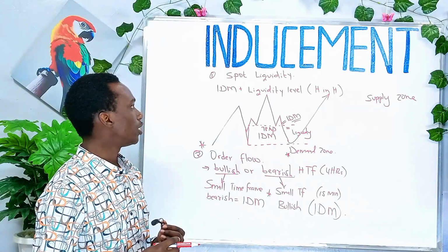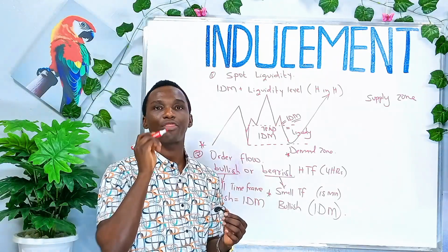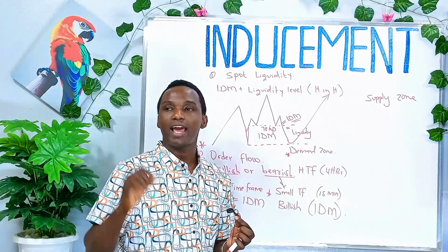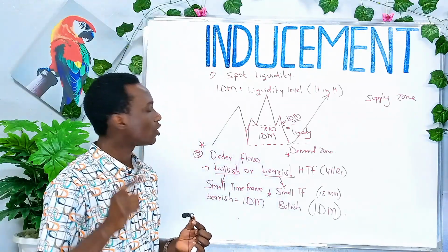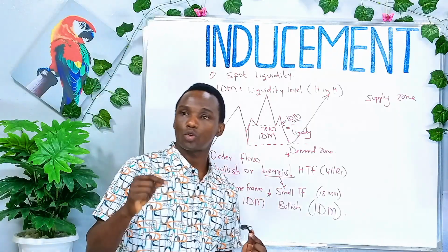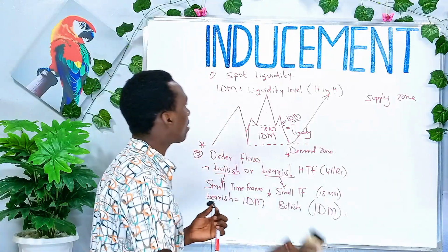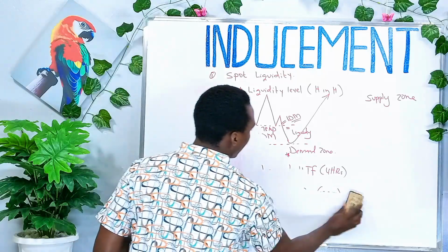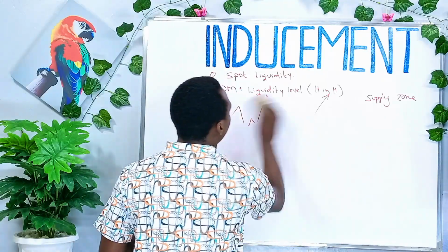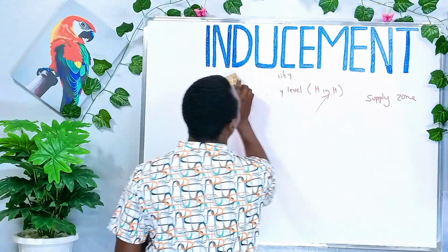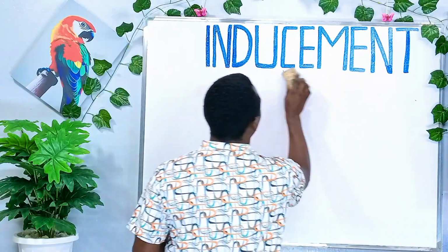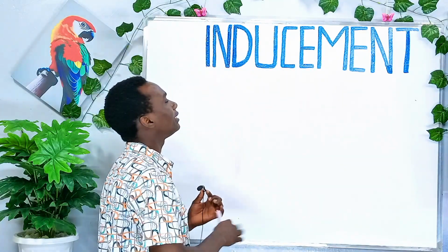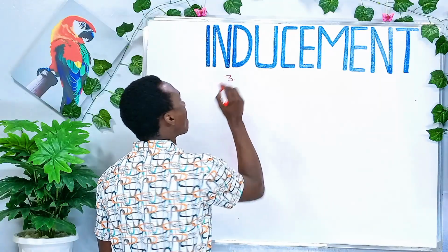Okay, good. So we are going to look at the third way to identify our inducement level, and that is the first pullback rule.